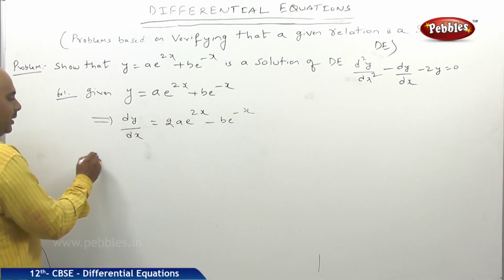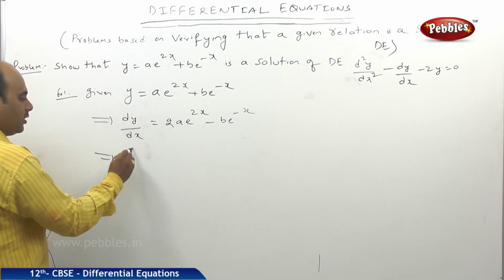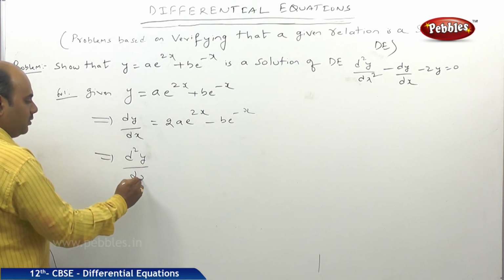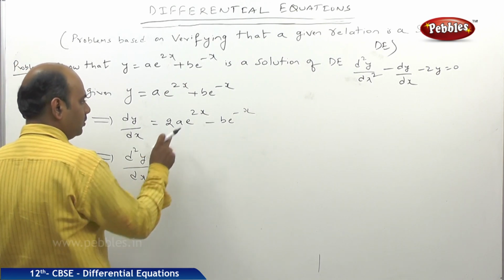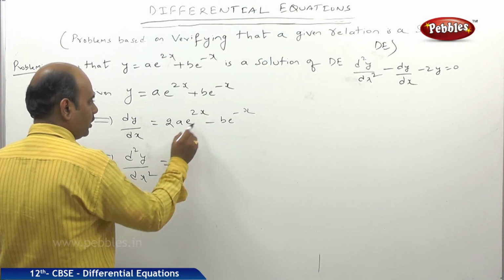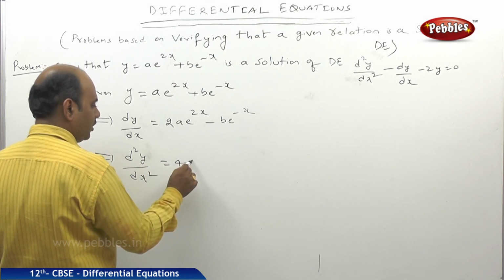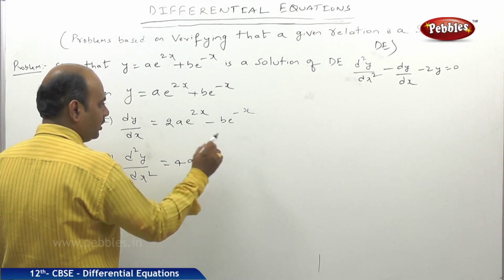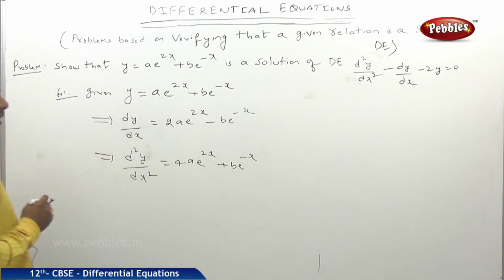Again I will be deriving once again. If I derive once again, this becomes the second order derivative. So d square y by dx square is equal to 4a e power 2x plus b e power minus x, because the derivative of e power 2x is 2 into e power 2x, and the outside 2 is there.